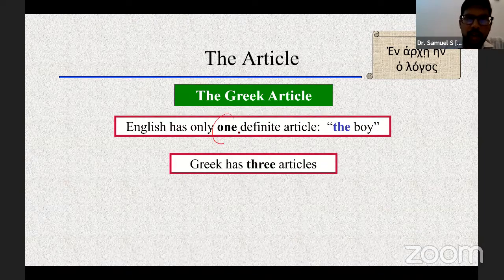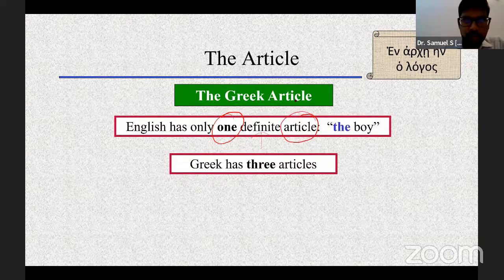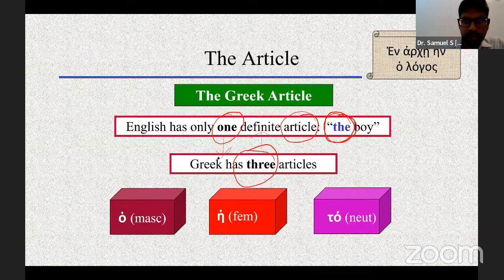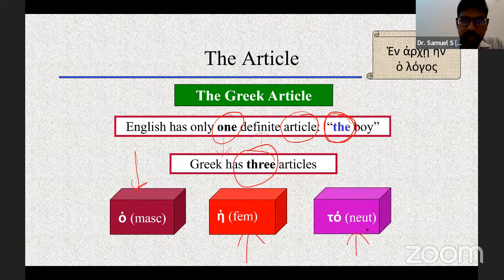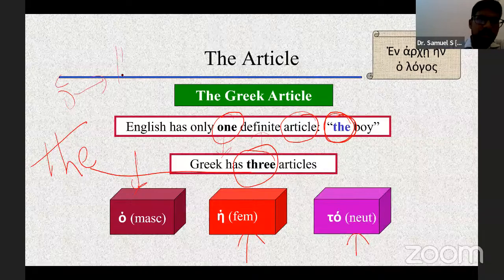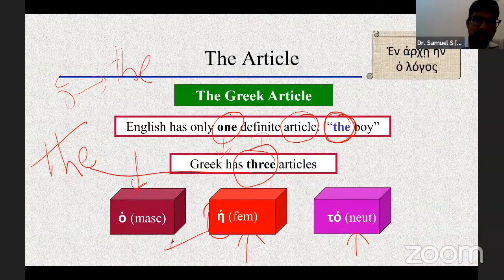English has only one definite article, the boy. Greek also has only one definite article, but three different forms for it. The masculine form, the feminine form, and the neuter form. All three forms communicate the idea of the in Greek. So when you say ho, it means the. When you say he, it means the.